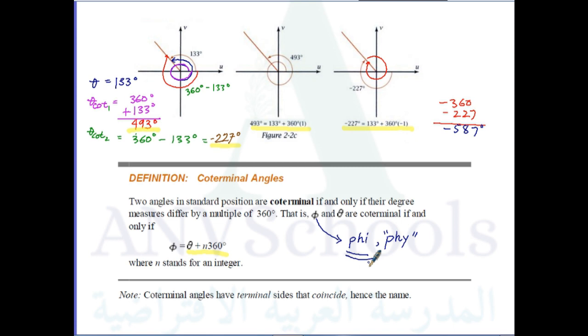So coterminal angles have terminal sides that coincide. That's what I told you a while ago.